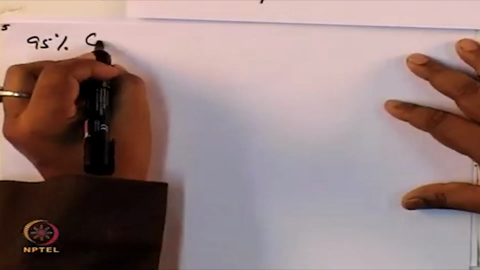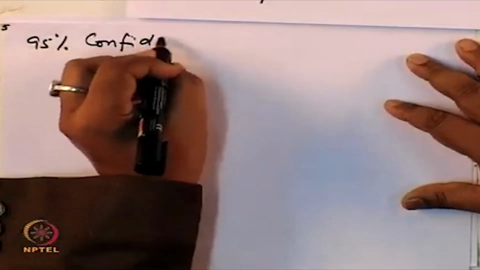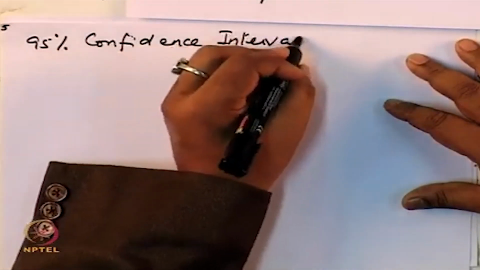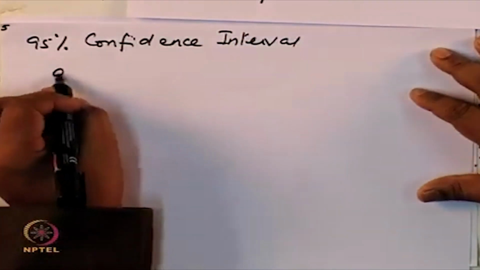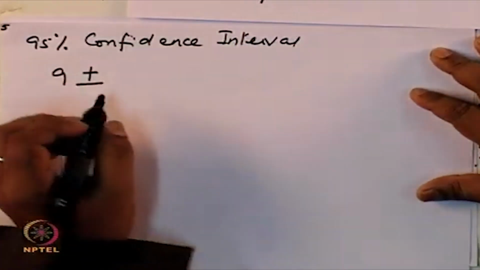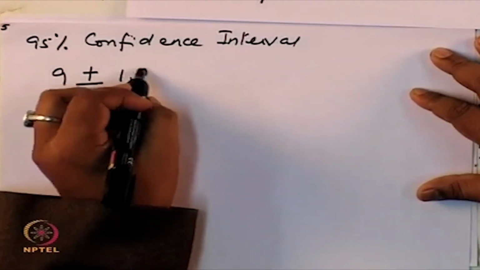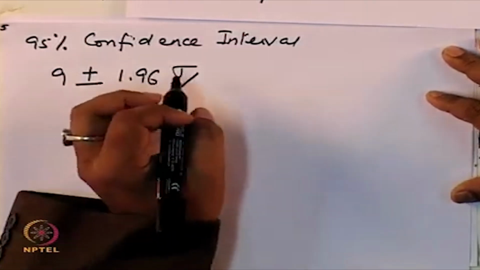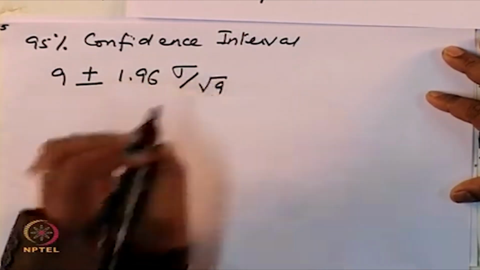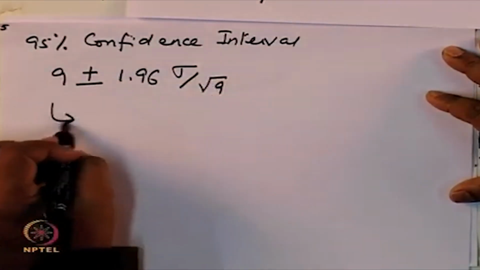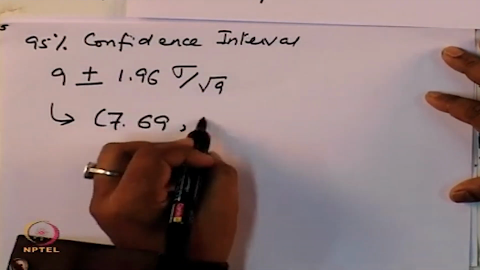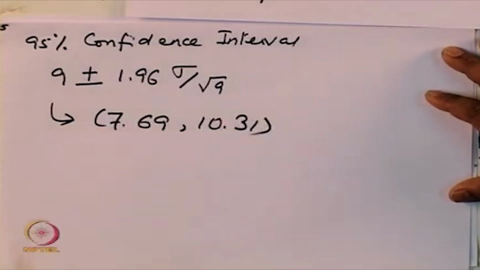This would mean my 95% confidence interval has to be 9 plus minus 1.96 into sigma by root 9. If you plug in the values, this comes out to be 7.69 to 10.31.